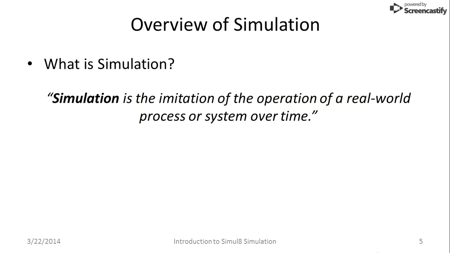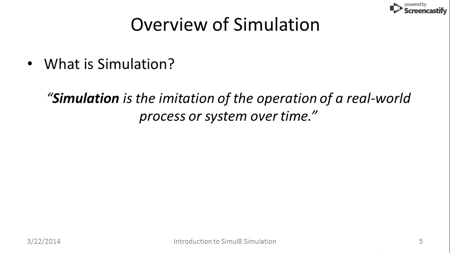So, simulation, by definition, is the imitation of the operation of a real world process or a system over time. So, this means that if you're a company or an organization, or in systems like the examples that we just saw, when the time changes, you have a process or a system that evolves.